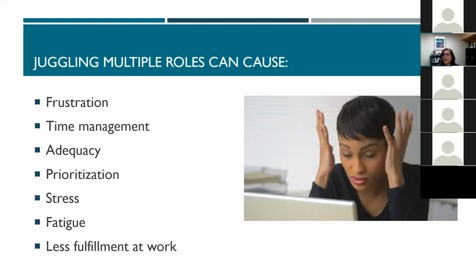We talked about prioritization, making sure that you do have some way to prioritize so that it's not a struggle to stay on top of the workload. There's stress and fatigue. And we know that when you feel like you're doing multiple roles, sometimes people feel like they're never able to focus on one role and meet the expectations of that role.